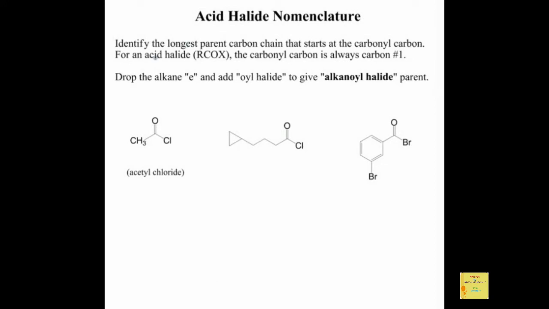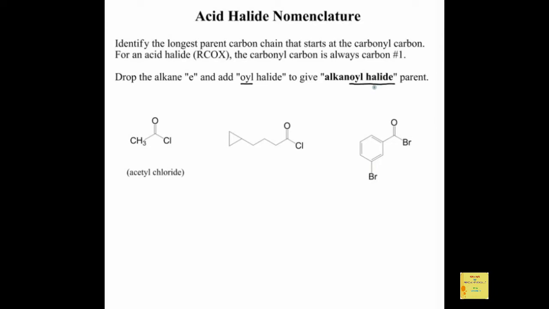What we'll do is we'll find the longest carbon chain that starts at the carbonyl carbon. So we have to start at the carbonyl carbon. It's always carbon number 1, so we don't even mention that, just like a carboxylic acid. And what we do is drop the E and add the letters O, Y, L. So we're going to get an alkanoyl halide. Then we're going to list the halide, making it an acid halide.